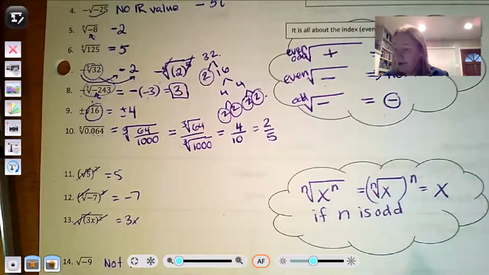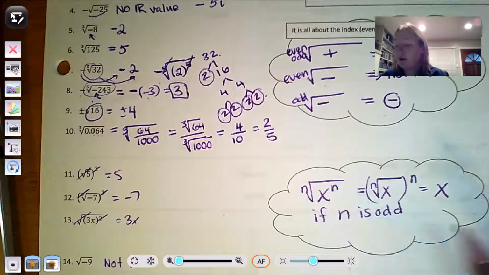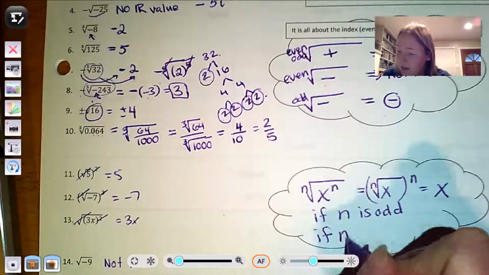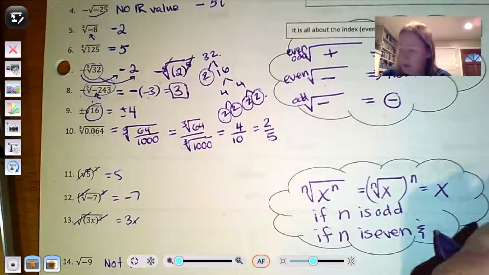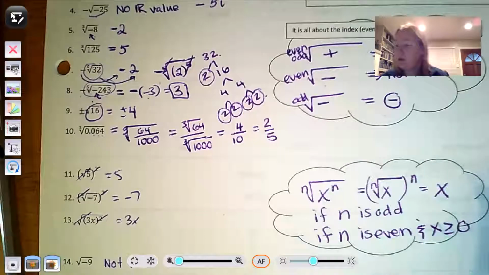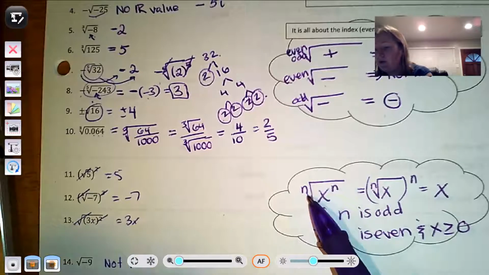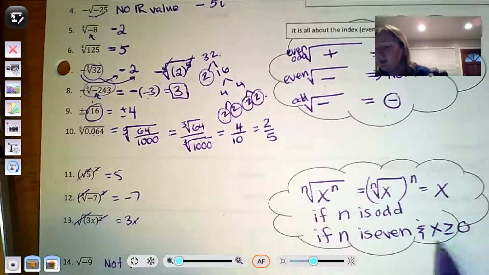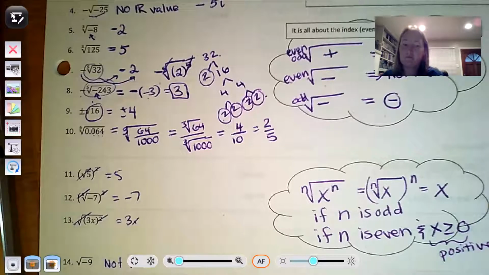So if your index is odd, because then we don't have to worry about whether it was a non-real value, or if it's even and you've got a positive. You just can't take the even index, like a square root or fourth root or sixth root, of a negative. You can take it of a positive. So this is just a fancy way of saying a positive. All right.